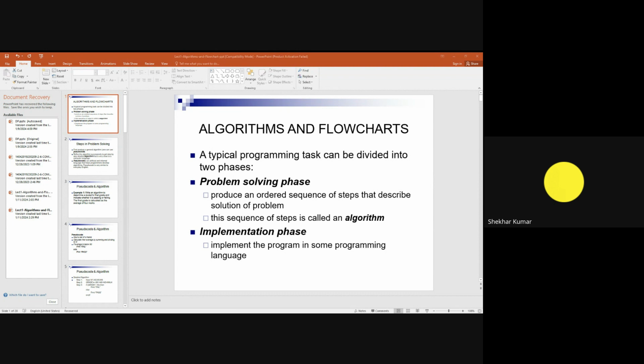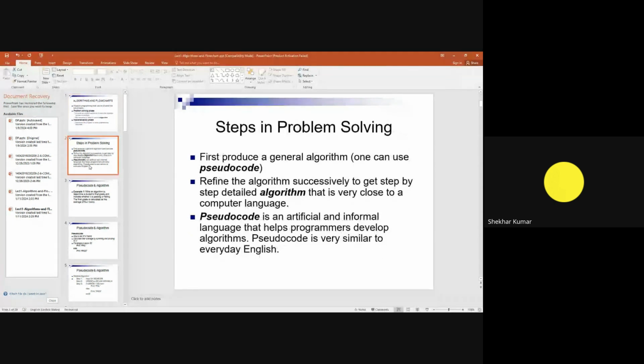So in the first phase, we will discuss the problem solving phase. What are the steps in the problem solving phase? First you produce a general algorithm. What is a general algorithm?